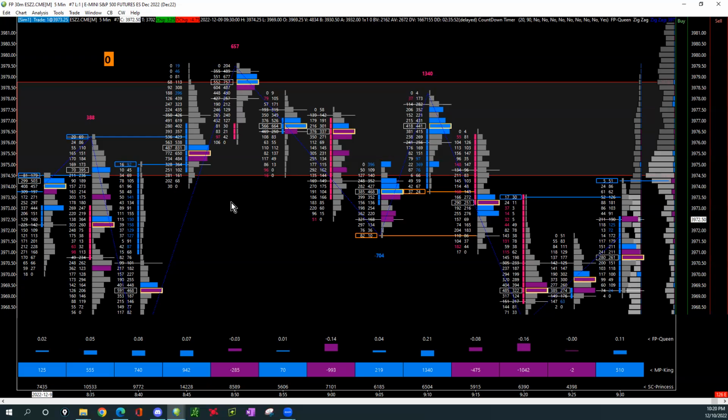And then I use the footprint to allow me to decide when to make my entry into my position. That's why the footprint is a very powerful and very useful tool to use.